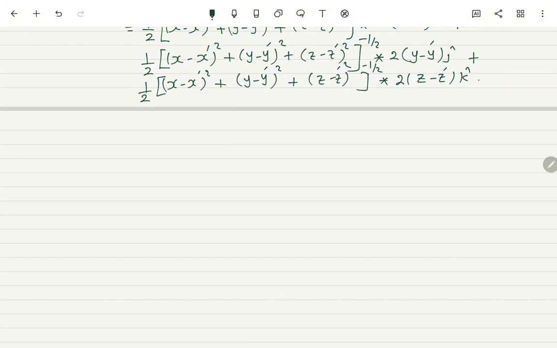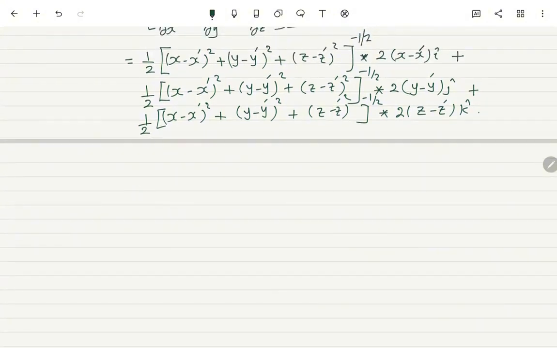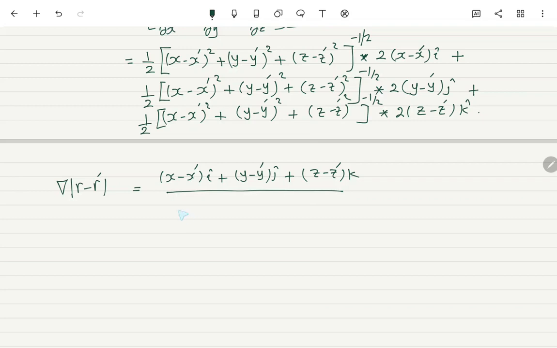Upon simplifying all this, you will get gradient of the magnitude of r − r′ equal to ((x − x′)i + (y − y′)j + (z − z′)k) all divided by ((x − x′)² + (y − y′)² + (z − z′)²) all to the power half.